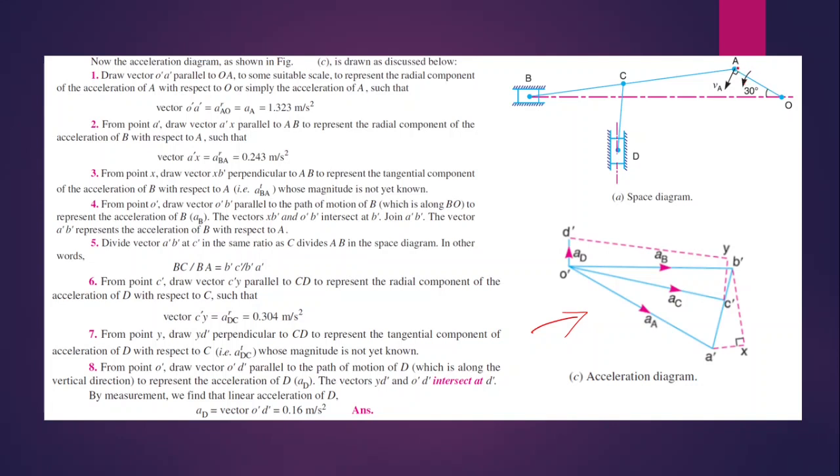That means acceleration of A with respect to O is in the radial direction, which must be parallel to link OA. We can draw that length using a convenient scale. That length is equal to 1.323 meter per second square, and it must be parallel to link OA.